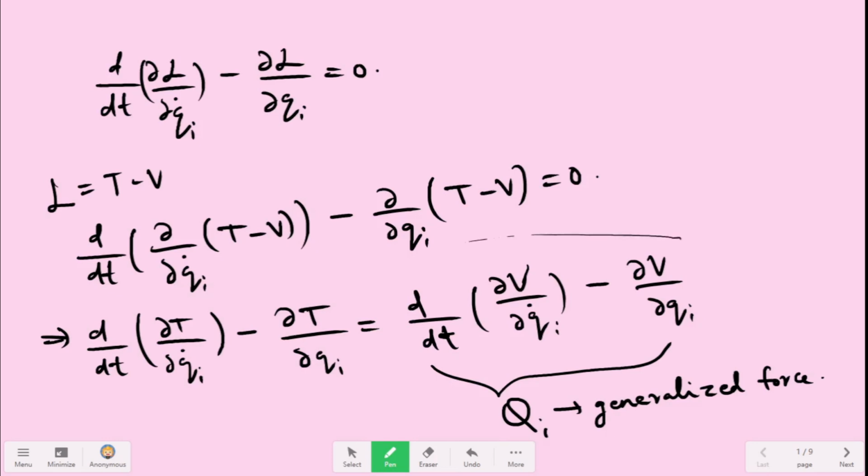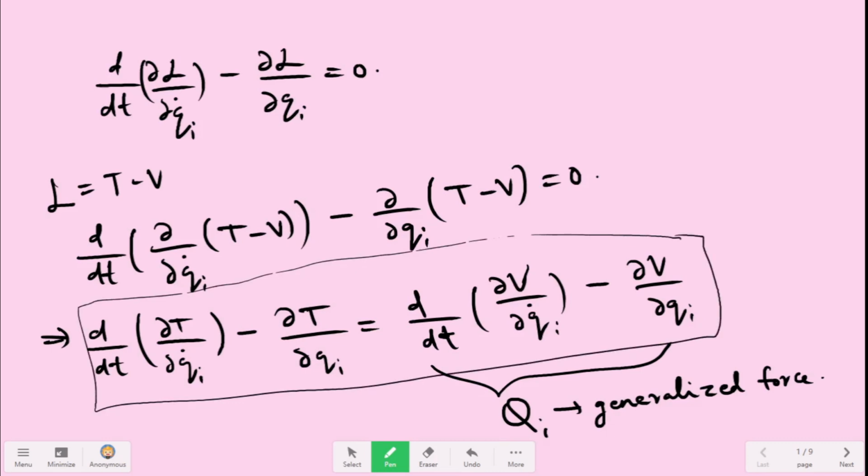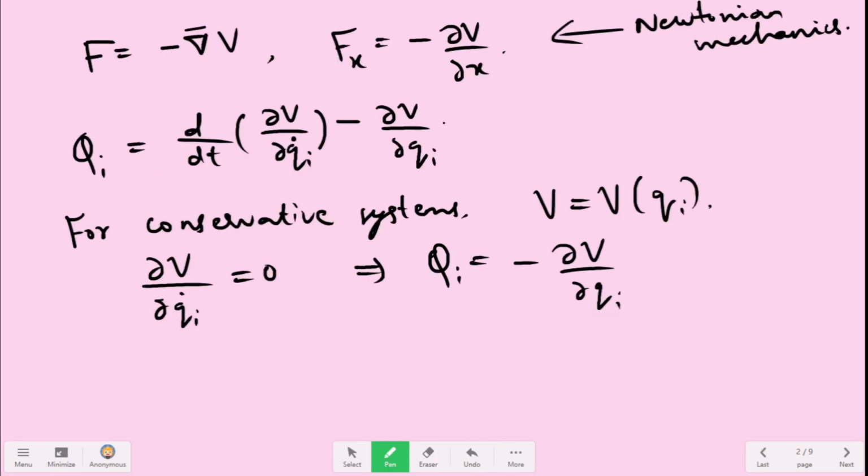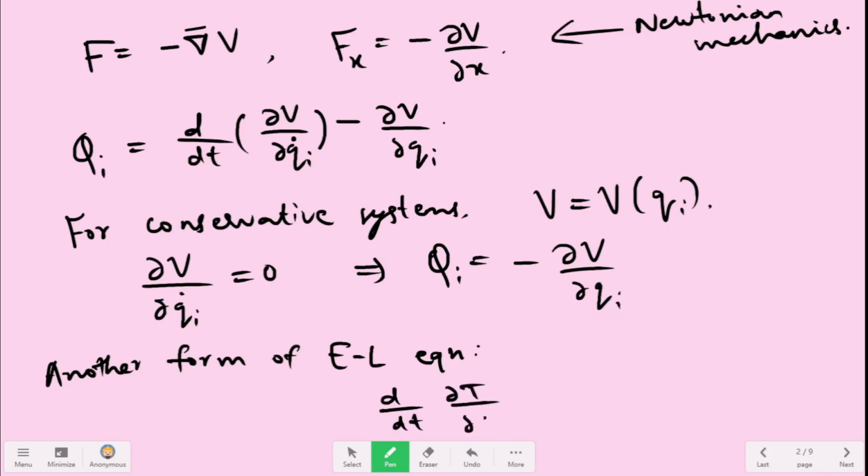So from here we obtain another form of the Euler-Lagrange equation, which is d by dt of ∂T/∂q_i dot minus ∂T/∂q_i is equal to Q_i.